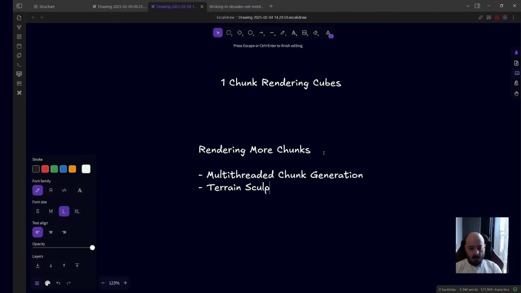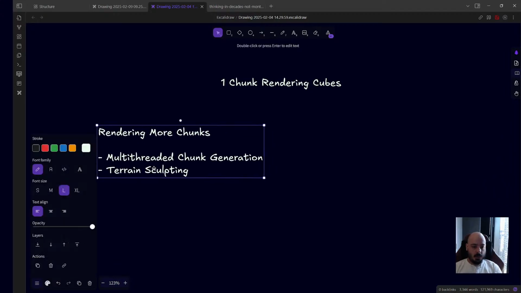It's not exactly sculpting, but it's sort of playing with the settings until you get the kind of terrain that you're looking for. And then you would need chunk stitching, which is for marching cubes. Actually, that's sort of a later step, so I'll just remove that. So let's just say something like this.